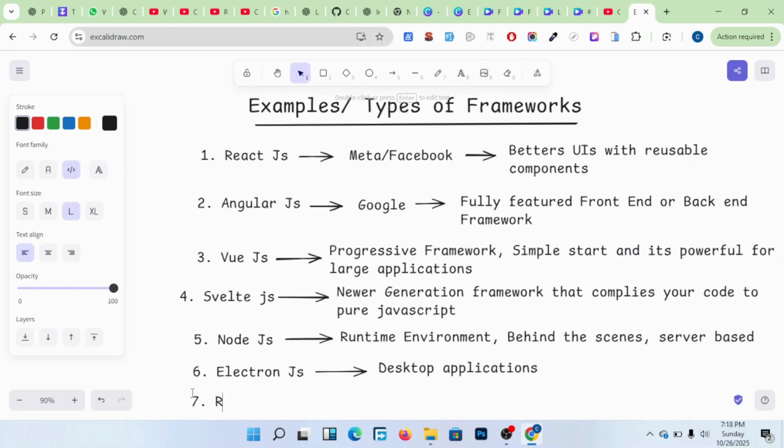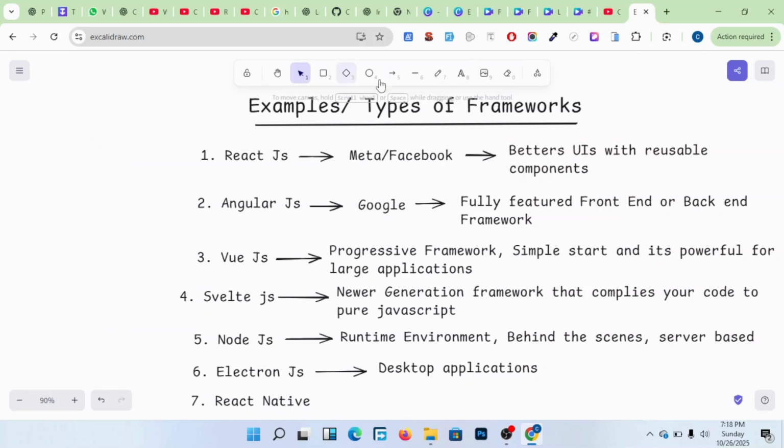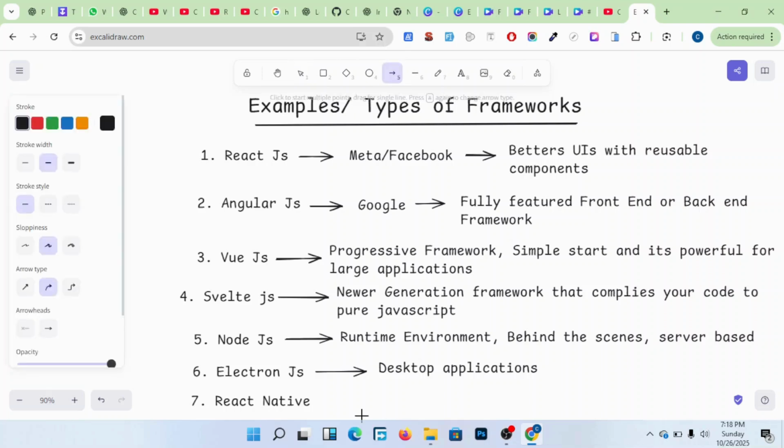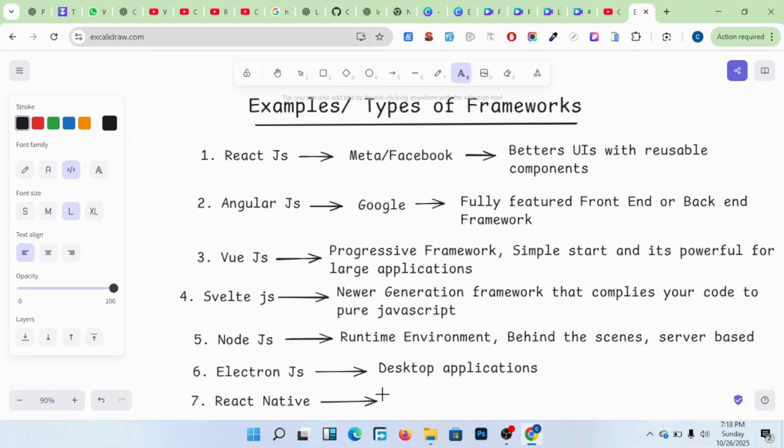It's called React Native. And React Native, this one you're seeing here, is used for someone who wants to build mobile applications.